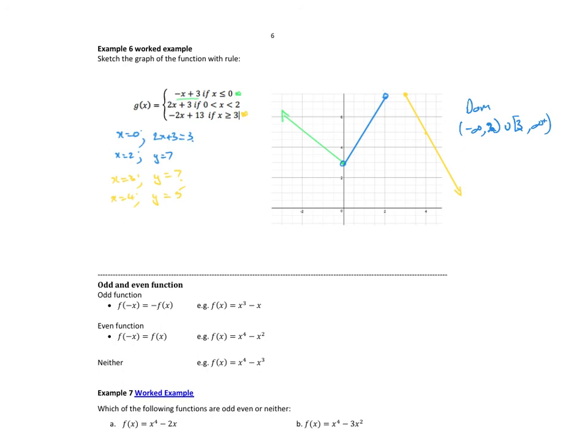My range, well, as disjointed as it all is, my range is still going to be R, because the green line goes up to positive infinity, the yellow line goes down to negative infinity.